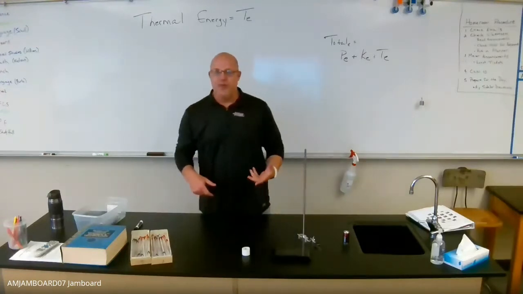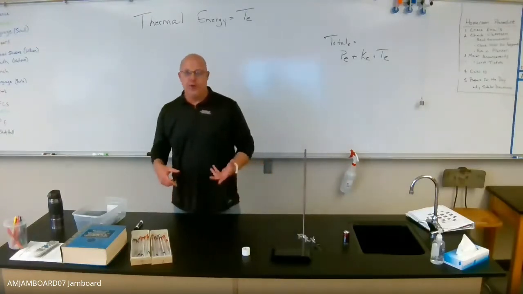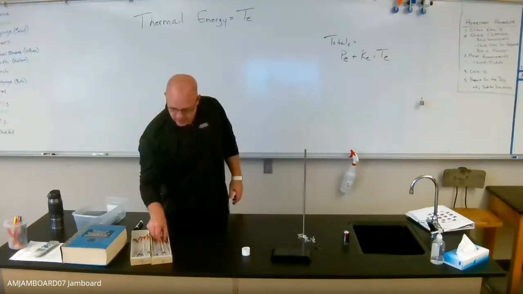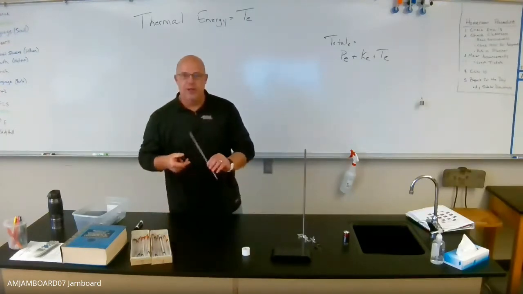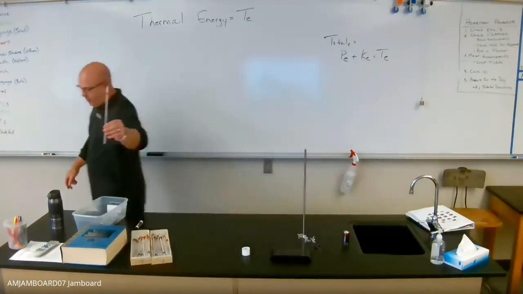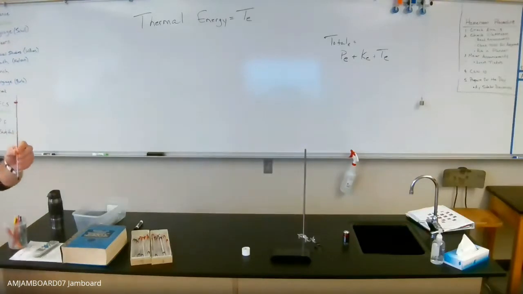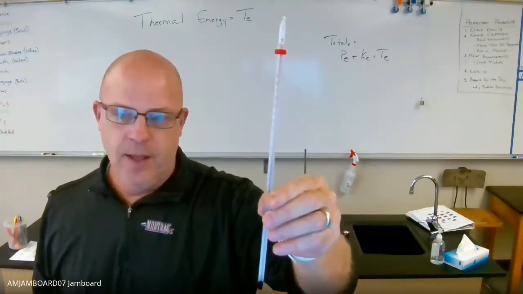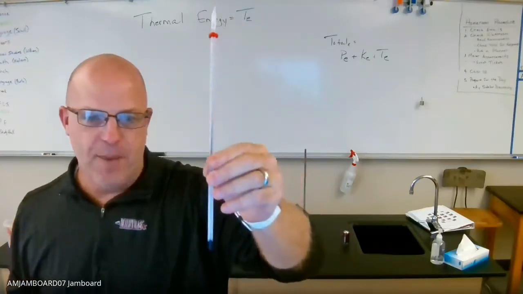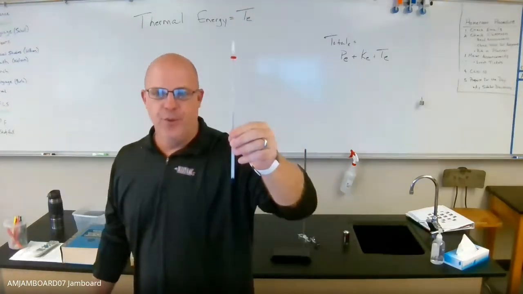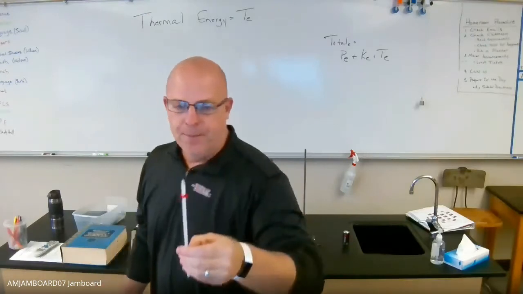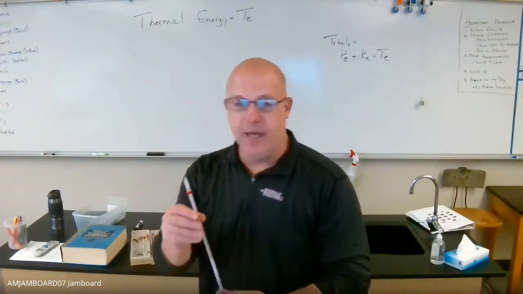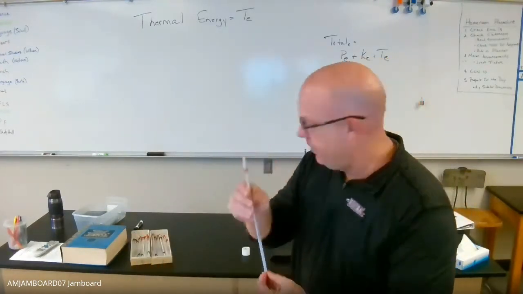And the easiest way for us to decide what thermal energy is, we grab one of these. I'll come around and show you up close. We basically grab a thermometer. And a thermometer is how we measure thermal energy, all right? This one happens to be a thermometer that's in Fahrenheit.